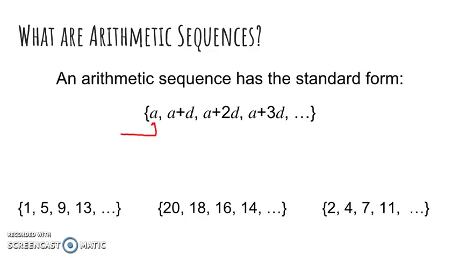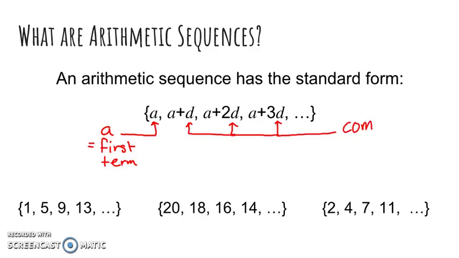Well, this first variable here is A, and A is always going to be our first term. The other variable you see up here is this D. Okay, and D represents the common difference.